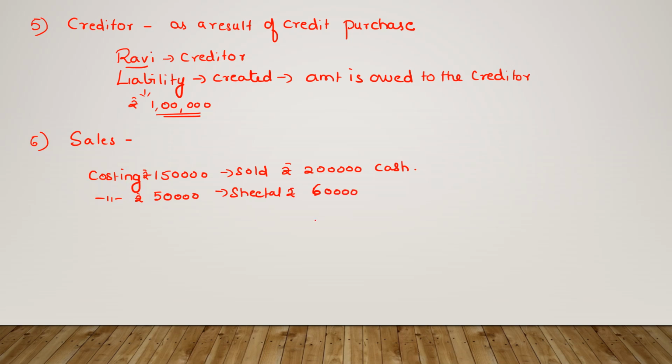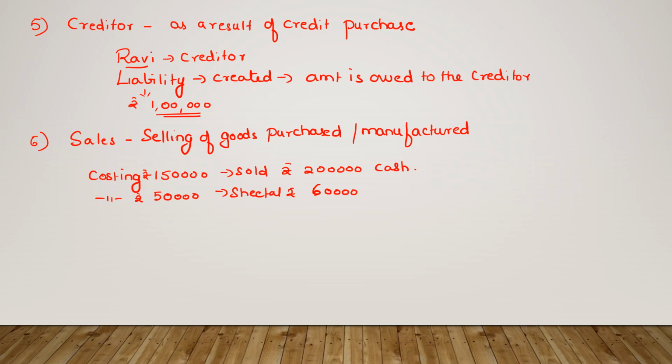Now, using this transaction, we can understand that sale is nothing but selling of goods which has been purchased, or if it is a manufacturing concern, which has been manufactured by the business.